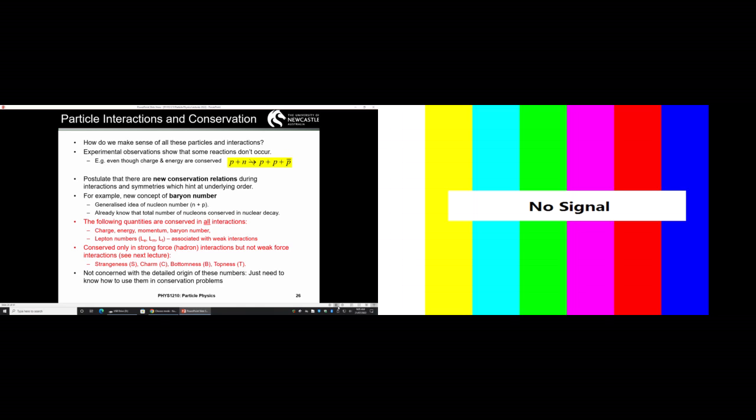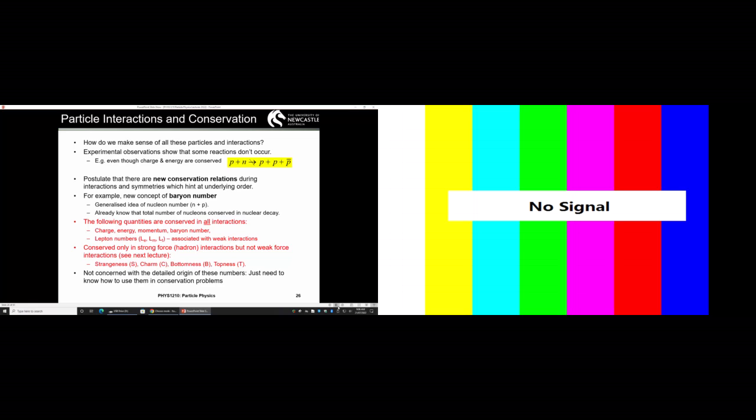Just to confirm, because a couple of people did ask at the end of the last lecture, you do not need to remember any of these details of these particles. You will be given a table of particle properties as part of your formula sheet for the exam, and you'll have access to one of these tables for the tests. So you don't need to remember the details of any of the particles, or which interactions can and can't occur.